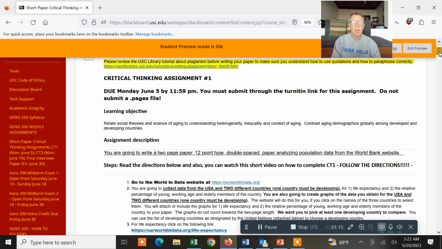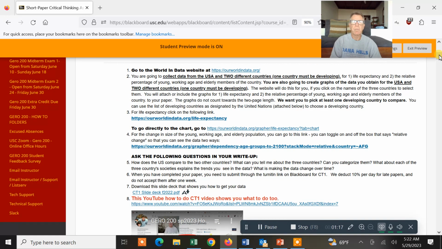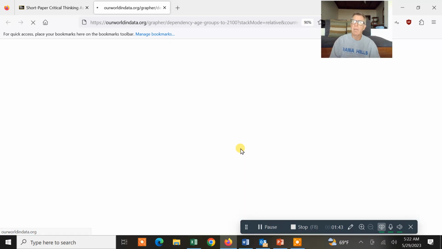In the assignment, you'll see that we're asking you to look up information on 2 different topics. We're going to look at life expectancy, and then the other topic is right in here, and you will go investigate this one. We can check this out right here, and this is the dependency of age groups.